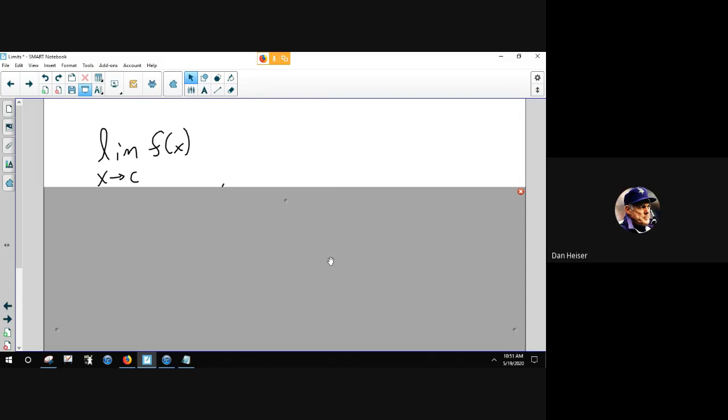First, we need to review a little notation. We know that this notation means the limit of the function as x approaches some number c. We have to assume, in fact, this notation means we are approaching from both sides simultaneously.